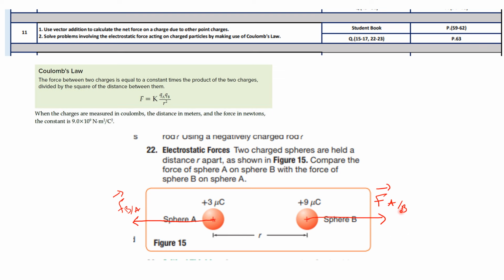Force of A over B. And the second caused by B over A. So as you notice, these two forces are equal. They have the same magnitude, the same length, but they have opposite direction. So that reminds us of Newton's third law, action and reaction, which are equal but in opposite direction. So F A over B equals F B over A, but in opposite directions.